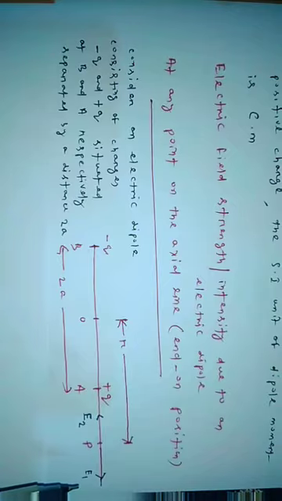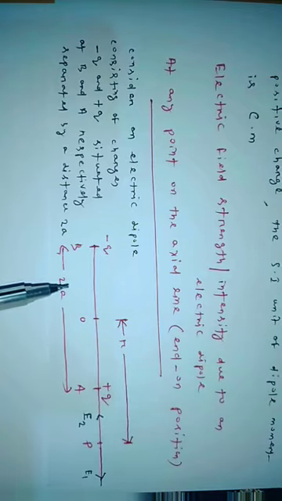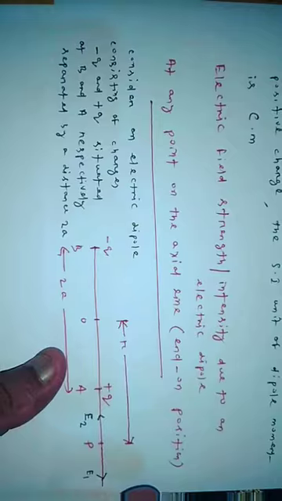So if two vectors act along the opposite direction, then the magnitude of the resultant electric field intensity is equal to the difference of the two vectors, and the direction of the resultant electric field intensity is towards the direction of the bigger vector. Okay, so since E1 is greater than E2, therefore the resultant electric field intensity acts along the direction of E1.